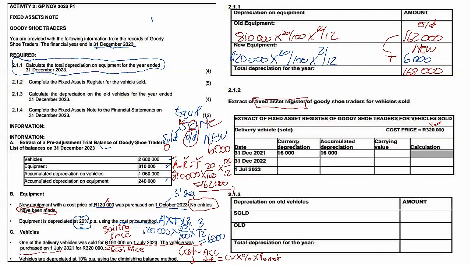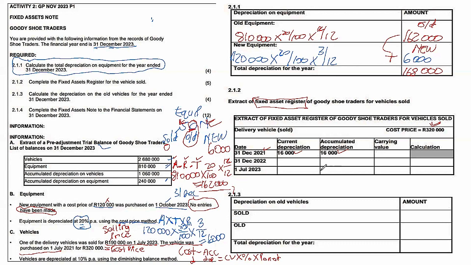So now, the date. Remember, the asset was purchased on 1st July 2021 up until 31st December 2021. So now we have our current depreciation given here as 16,000. Therefore, our accumulated depreciation is also going to be 16,000 because it was bought in the first year.